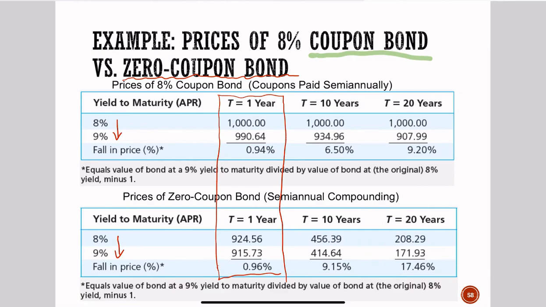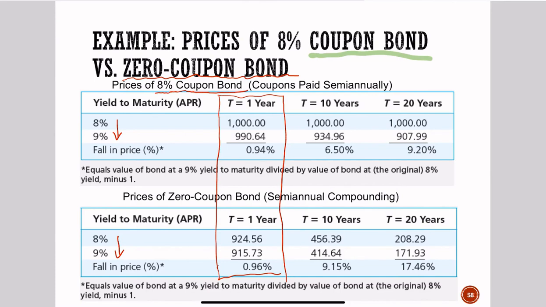Now let's compare the percentage decrease in bond price across these two bonds. The first table, on the top, gives you the case for the 8% coupon bond.